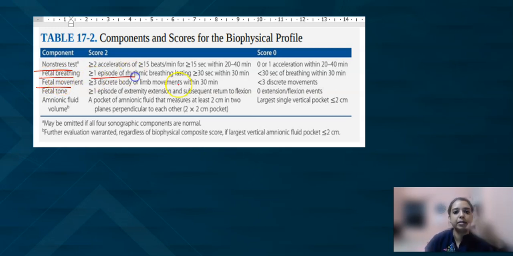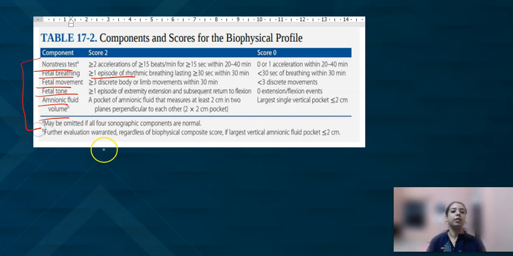When you see 1 episode of breathing, that is enough. Fetal tone means 1 episode of extension followed by flexion. Each variable was given a score of 2, so the maximum score is 10.